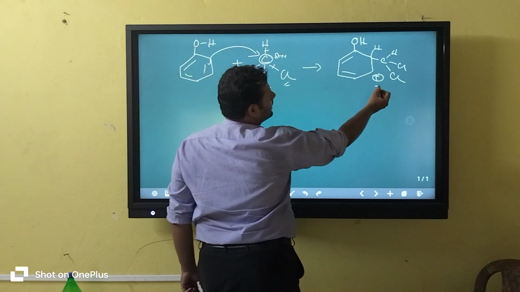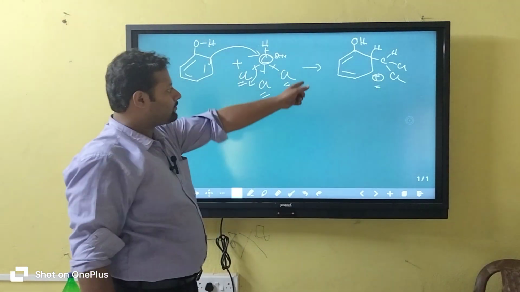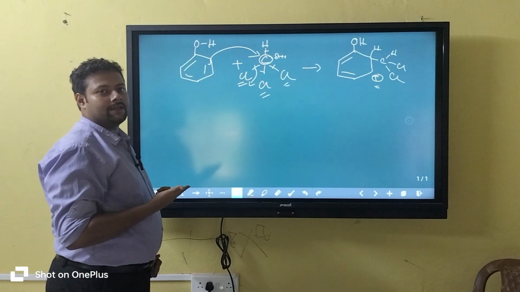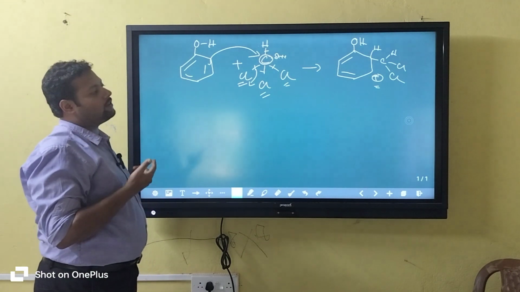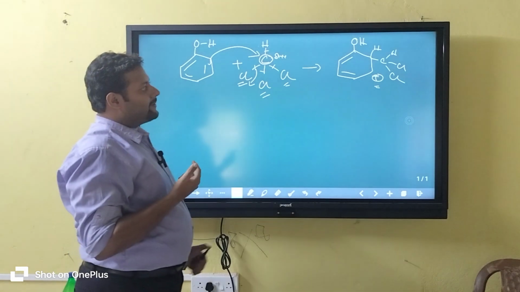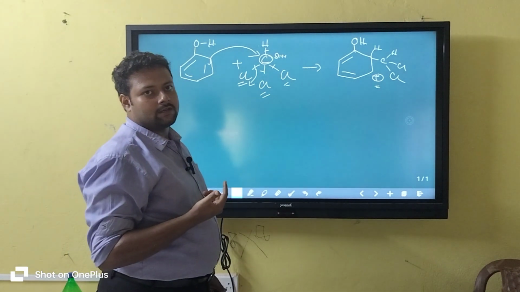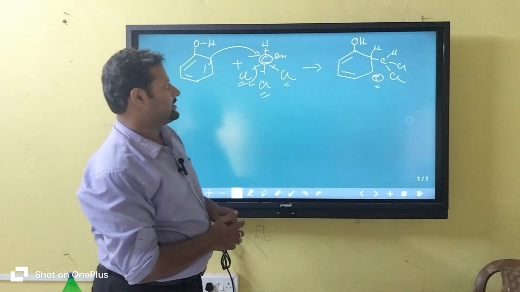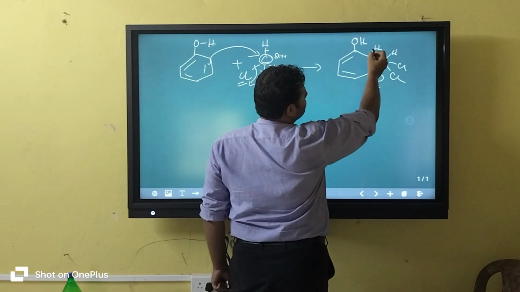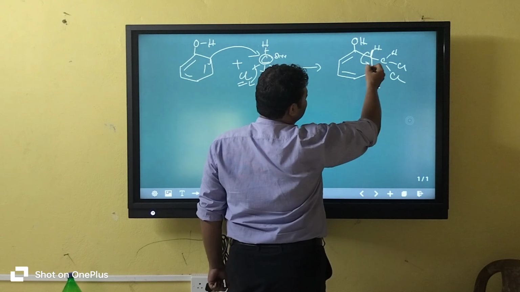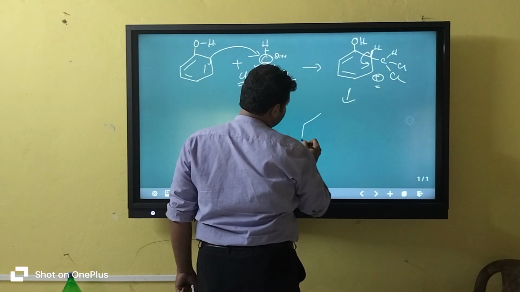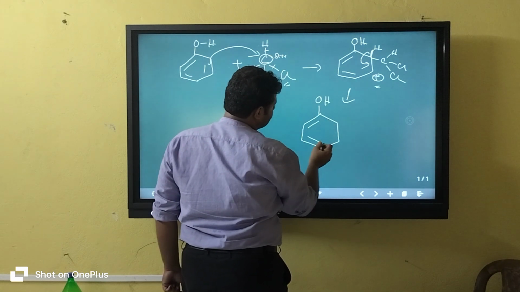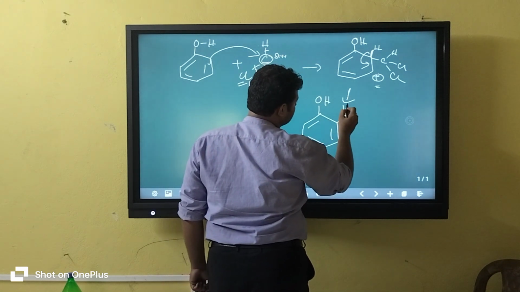Now as you can see here, we have a positive charge. This positive charge means that the aromaticity of the benzene ring has been lost. The benzene ring will not allow that, as aromaticity provides extra stability. So in order to get back its aromaticity, this C-H bond gets sacrificed and the benzene ring regains its aromaticity.